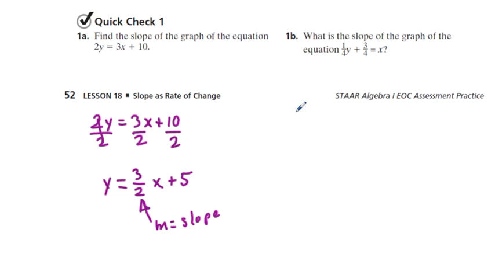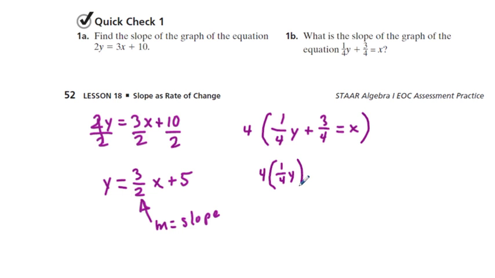Now we have this one. What is the slope of the graph of the equation 1/4 y plus 3/4 equals x? And this time, instead of multiplying by a number, we're dividing by a number, or dividing by 4. So if we multiply this whole equation by 4, we'll end up with 4 times 1/4 y plus 4 times 3/4 is equal to 4x.